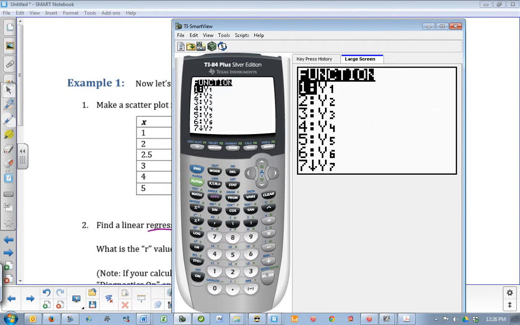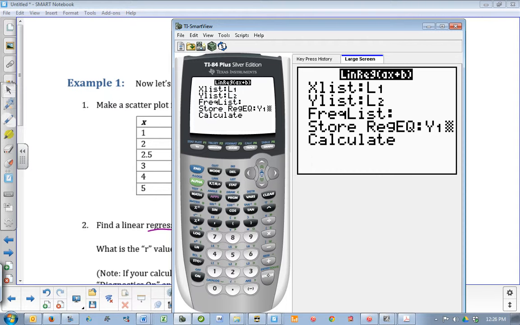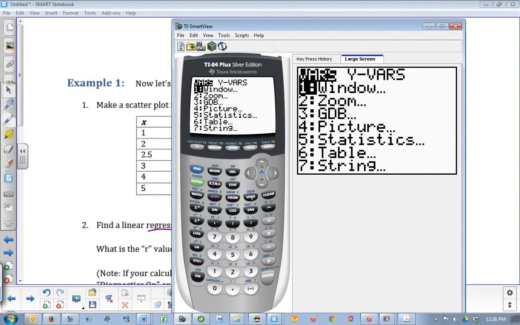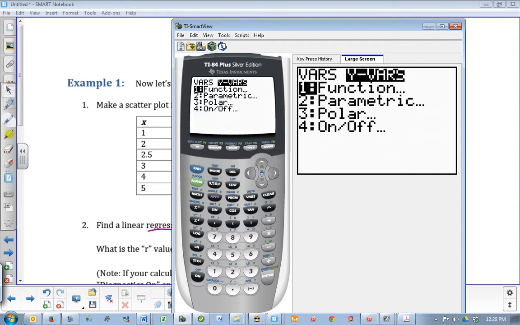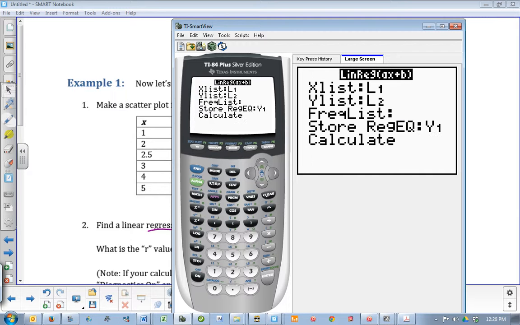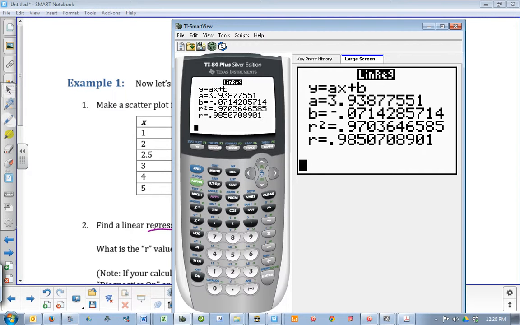We want Function, hit enter, and Y1. Okay? Vars, Y-Vars, Function, Y1. And then we can calculate. Now, if you have an older calculator, it'll be a little different. You can look it up how to do that, or I can help you in class. And we'll calculate. There it is.